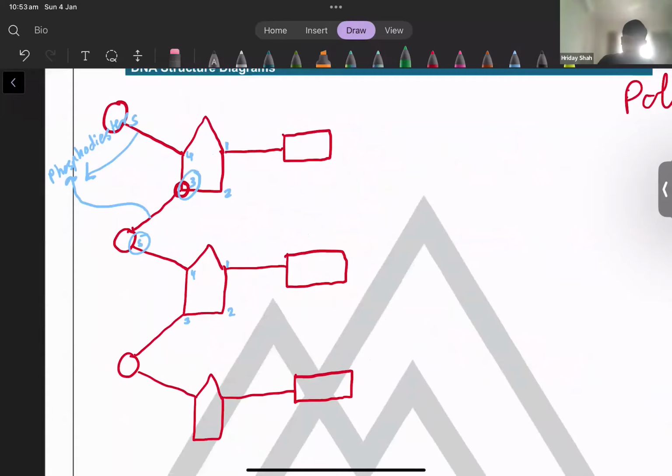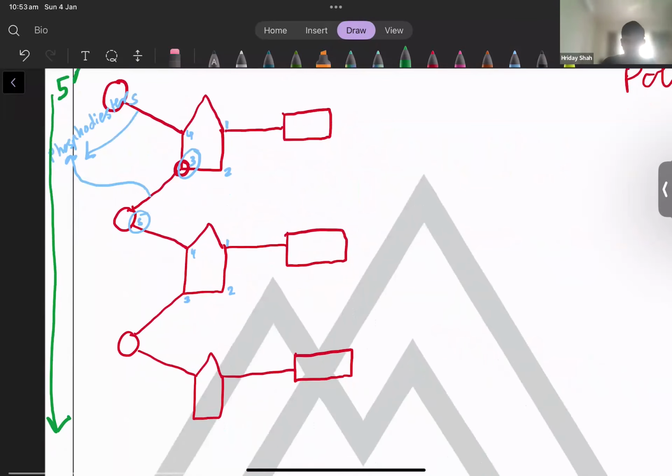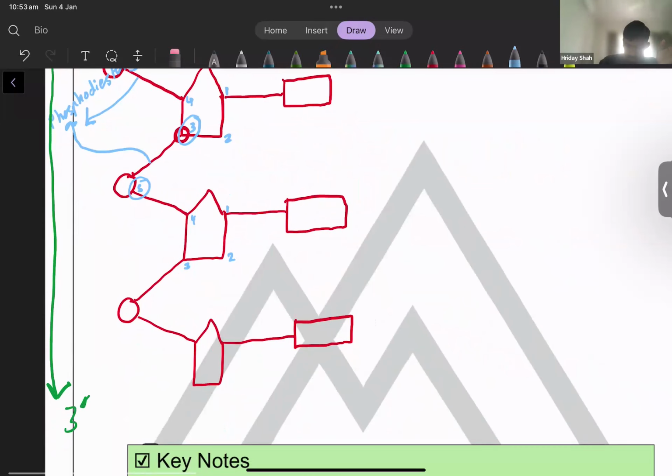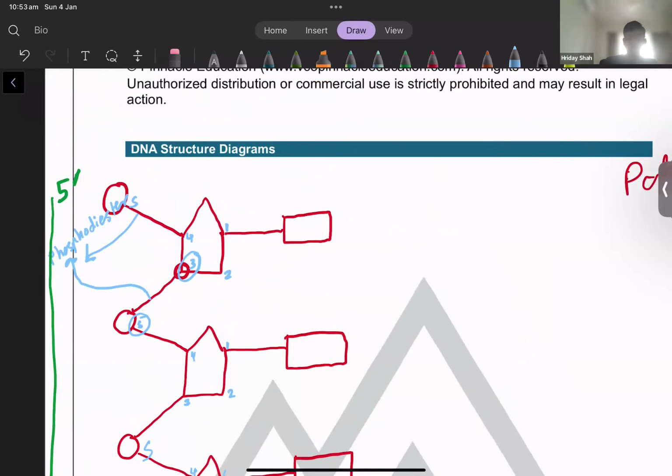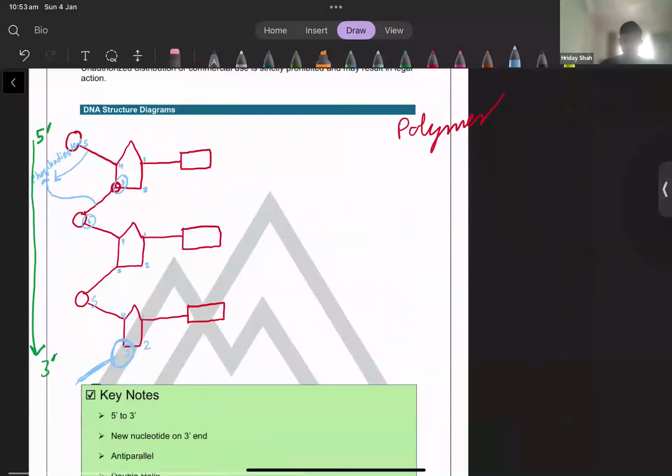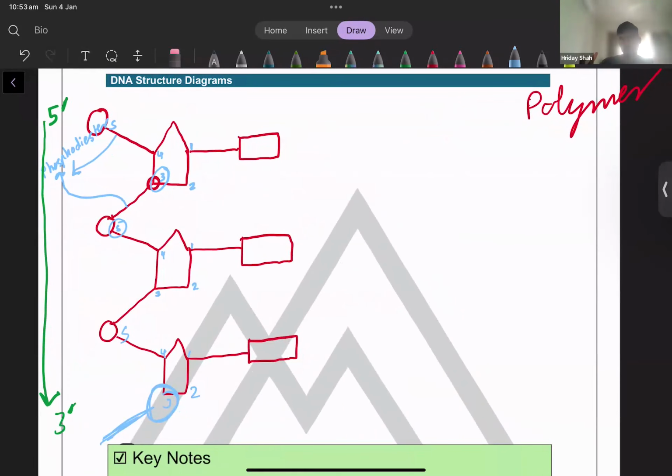So if we draw it in descending order, we have a 5' here. Prime just means carbon. And you have a 3' here. 3 is where the next one would attach, and 5 is where it starts. And so we call this order here 5' to 3'. And that is how you always read DNA. You always read it from 5' to 3'.